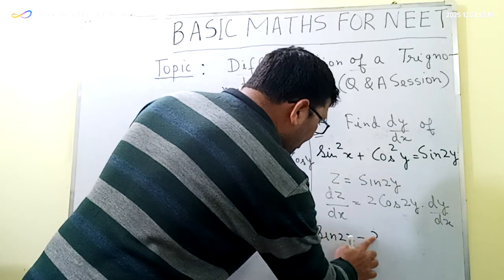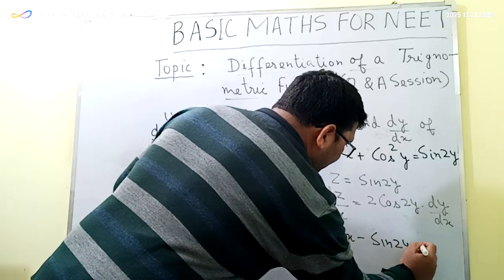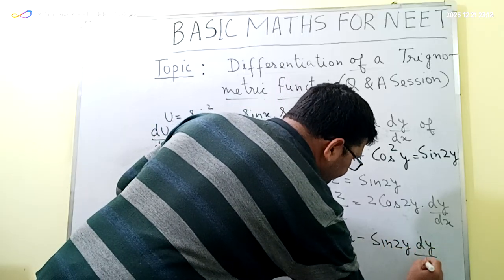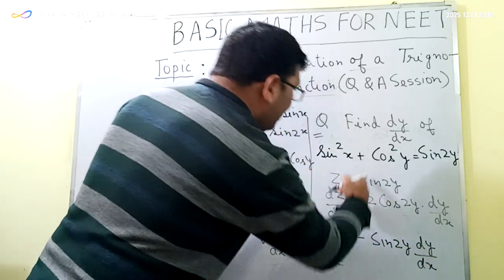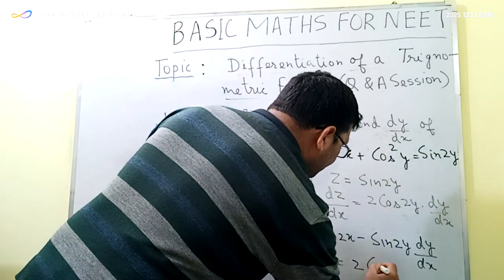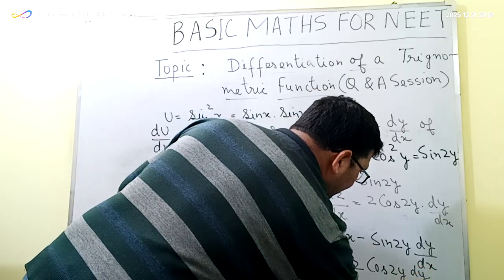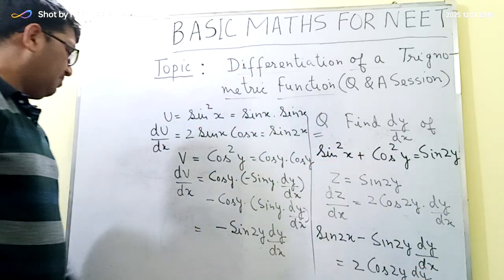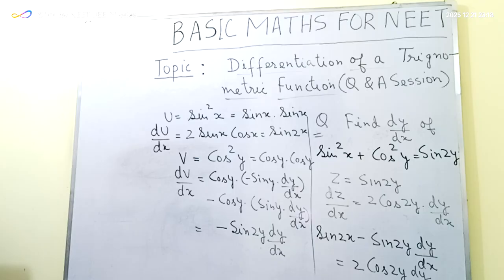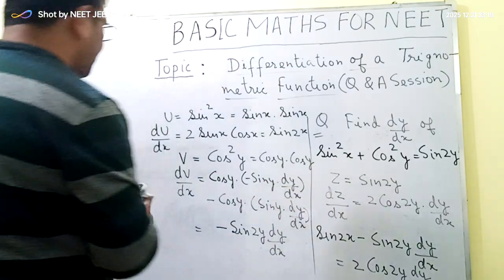So this will be equal to minus sin 2y dy by dx, and this will be equal to 2 cos 2y dy by dx. So from here we will be able to find the value of dy by dx.